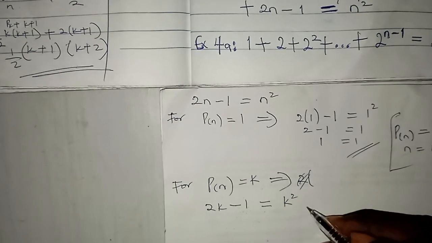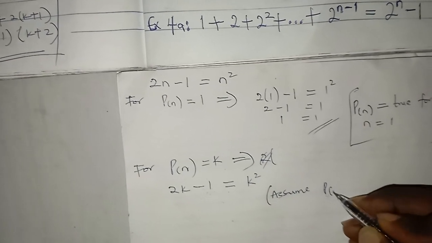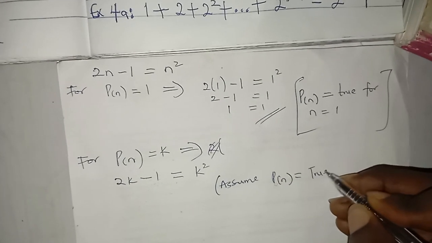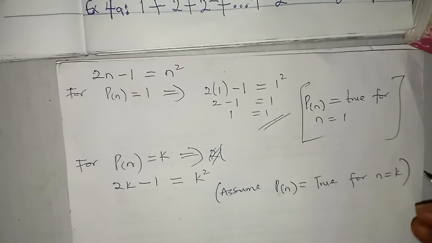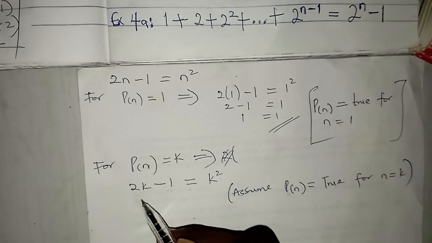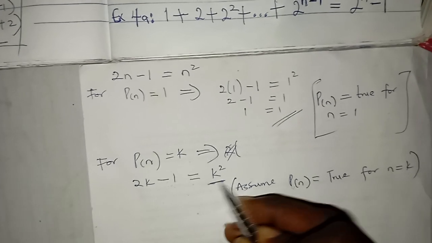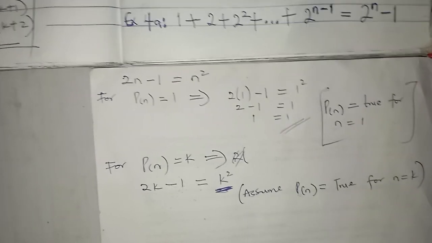So I assume P of n to be true for n equals to k. I just assume it. But notice something. Notice that P of k has given me this. This is what I will use on the left hand side with the next term.